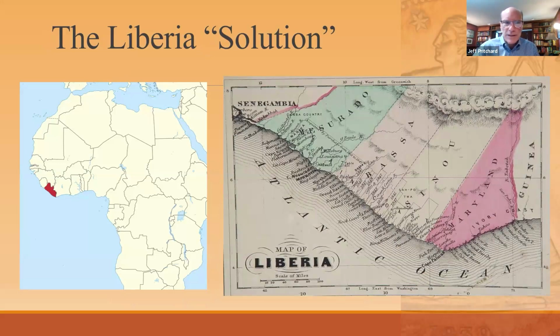And the purpose of this society was to recolonize freeborn African Americans or freed slaves. And functionally, how they did this was the society bought land in sort of that almost westernmost area of Africa on the coast, in an area called Cape Mesurado. And they christened that land Liberia, meaning land of freedom.